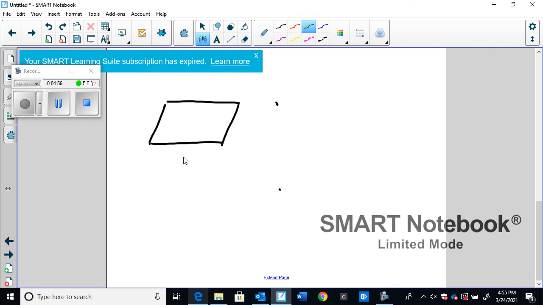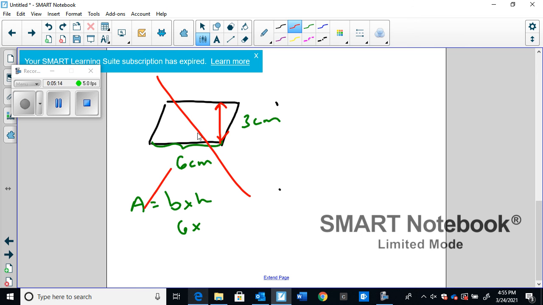And I give you, this is 6 centimeters and this is 3 centimeters. You cannot solve this using my formula base times height because I do have my base, that's 6, but I don't have the height. The height is the up and down measurement. This is the slanted region, so I don't have that, so I can't actually solve this. I don't have enough information.